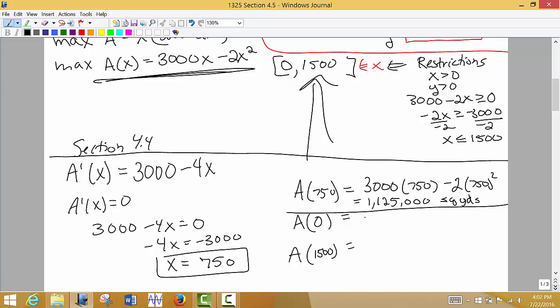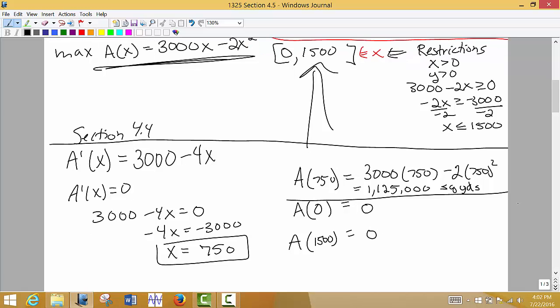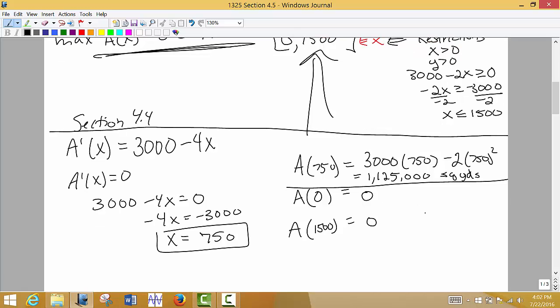Now if I test the boundary points, I end up getting 0 for both of them, and I'll leave the calculation to you there. So this is definitely our maximum area, and it occurs when x is equal to 750.